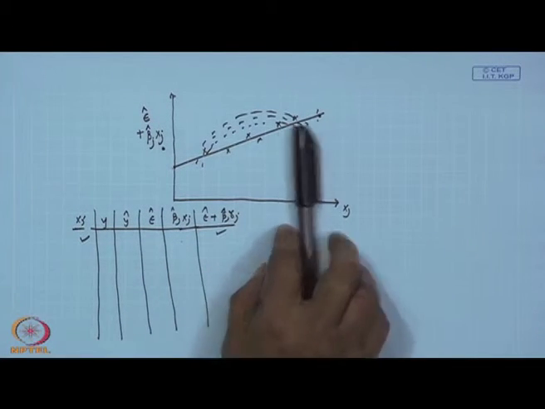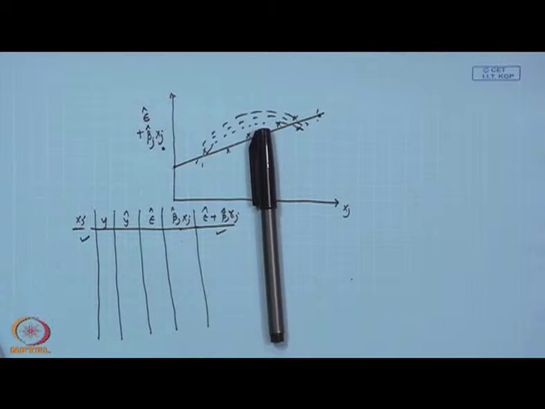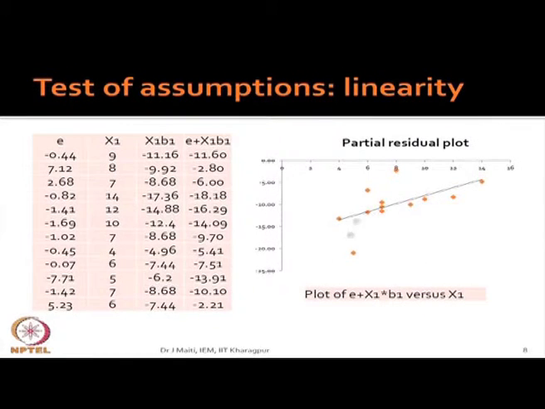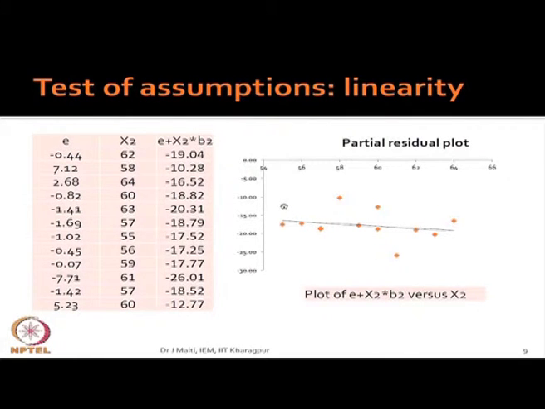Now, if we want to see what has happened to our given problem, if I go by E plus x1 beta 1 versus x1, with x1 on this side and E plus x1 beta 1 on this side, then you are getting a plot like this. So from this plot it cannot be said that there is departure from linearity. Okay. In a similar manner, you can see the other one.